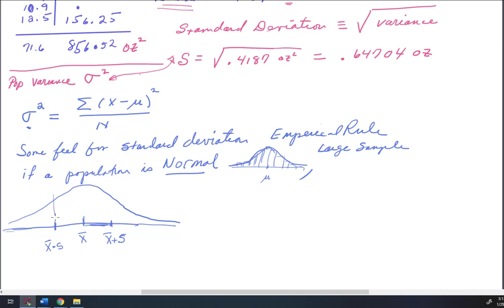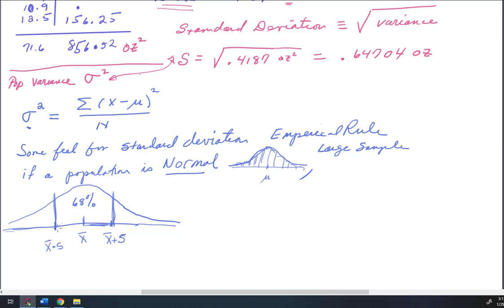The curve should look very much the same at these little vertical lines that I'm drawing, because if the data is normal, the curve is symmetrical. The empirical rule says that I should have 68% of my data between these two boundaries.